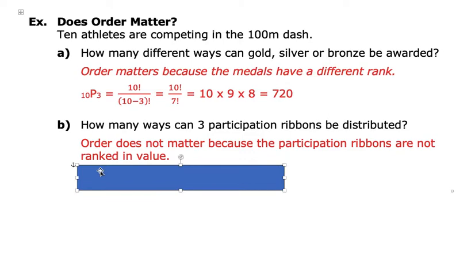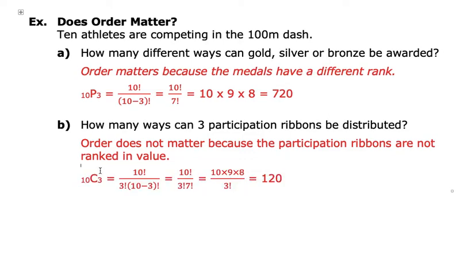So this is a combination of 10 choose 3. We do not need to use this definition every time we do this calculation. This button should be on your calculator, and if you're having difficulties finding it, make sure that you ask your teacher. 10 choose 3 is 120. You should be able to go straight to this step.